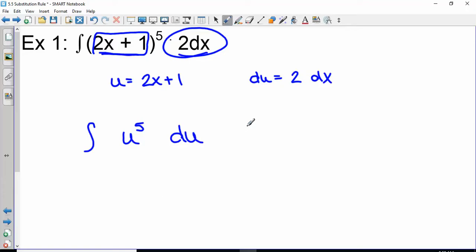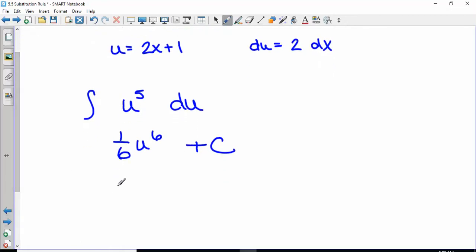Okay. What's the antiderivative of u to the fifth? Okay, so then we also need what on the end? For our final answer, we didn't have u to start with, so we have to plug u back in.